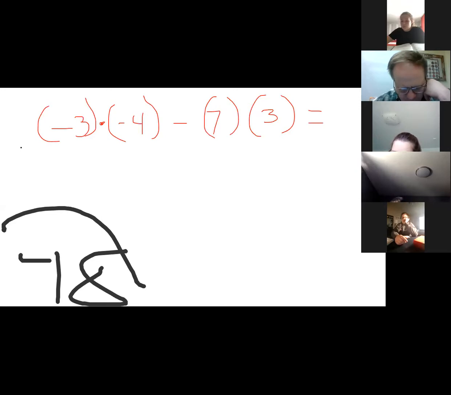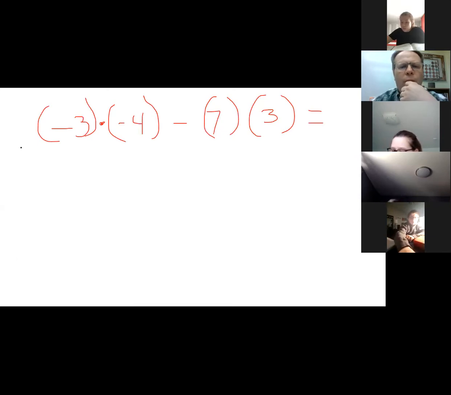Negative 18 is incorrect. I have no problem with these negatives.